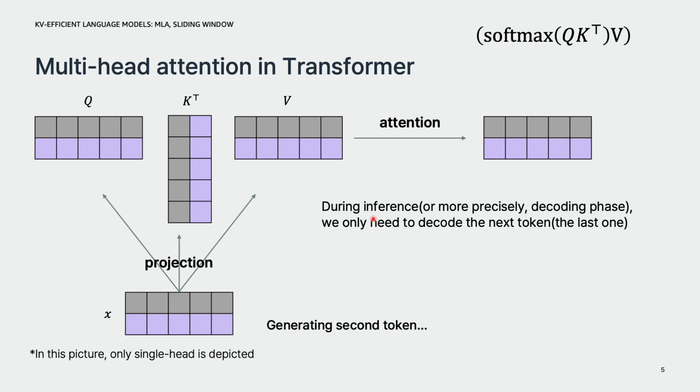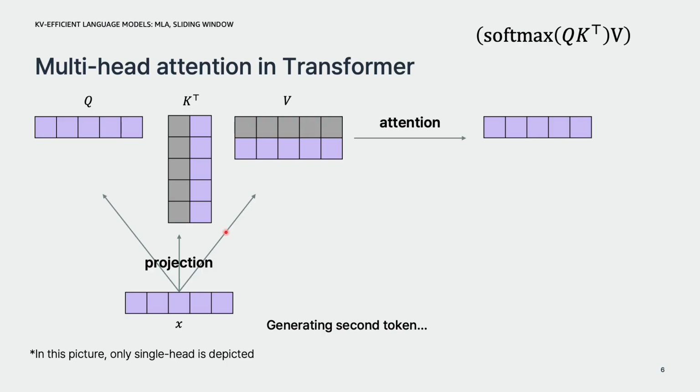But this picture does not depict the exact process where the second token is generated, because during inference we only need to decode the next token, so the last input token. So this will correspond to the purple token.